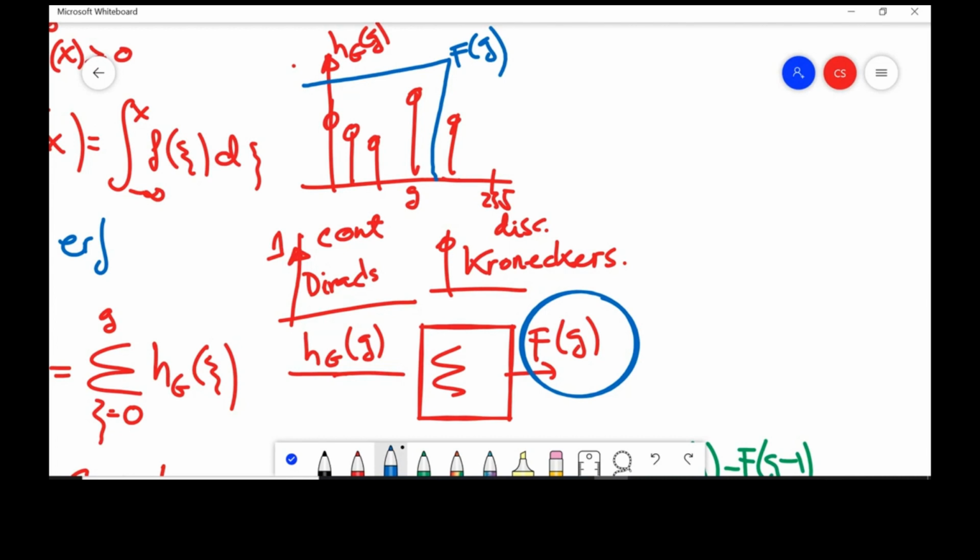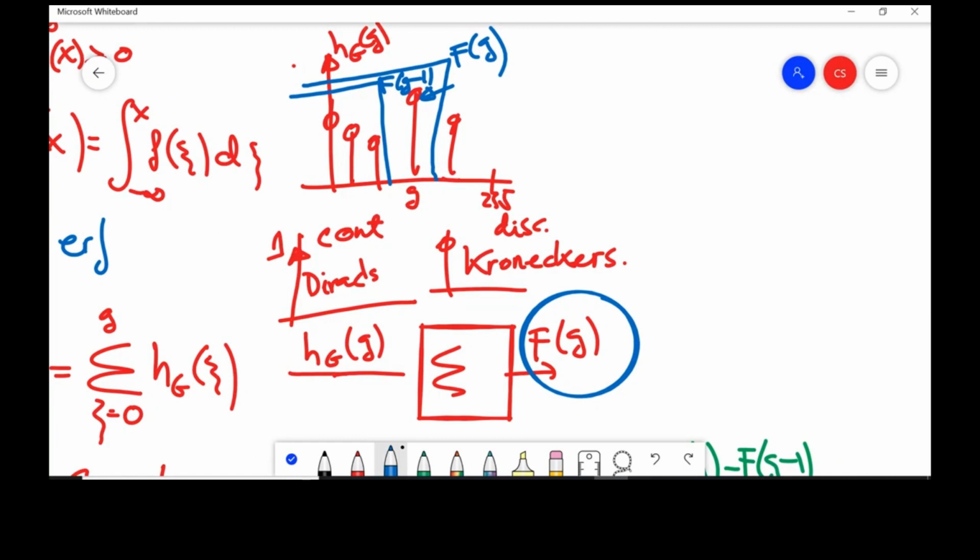What if I'm given F of t, and I want to recover what h of g is? So I just want to recover this value. One very simple trick is you take that sum, you take this other sum, this is F of g minus 1, and you subtract them.